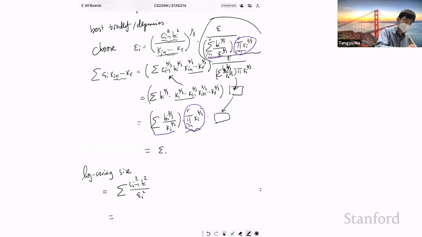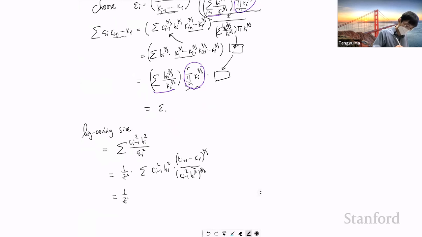Maybe let's call this thing Z. So you get 1 over Z^2 times the sum of C_{i-1}^2 b_i^2. You plug in this to the minus 2, so you get C_{i-1}^2 b_i^2 to the minus 2/3, and then kappa_{i+1} up to kappa_r to the 2/3, and there's some cancellation.